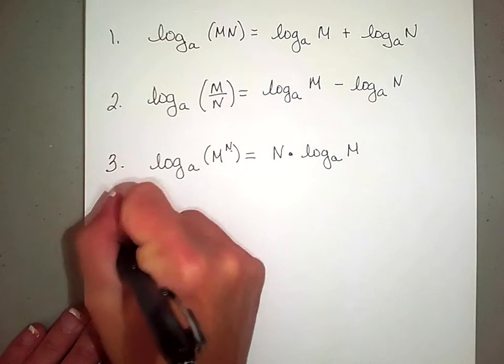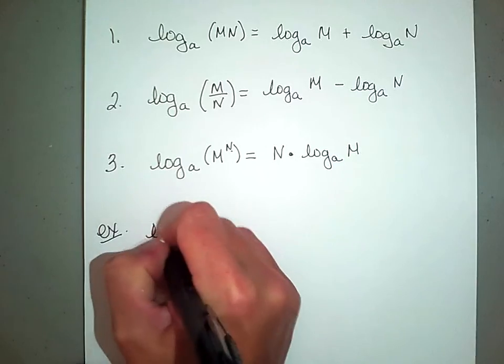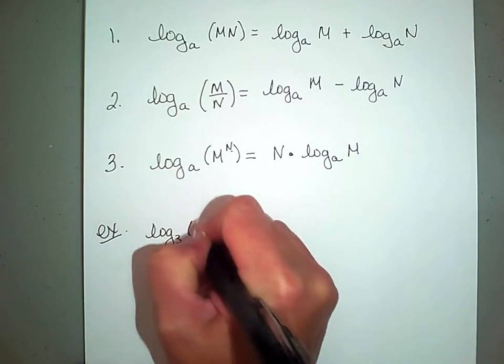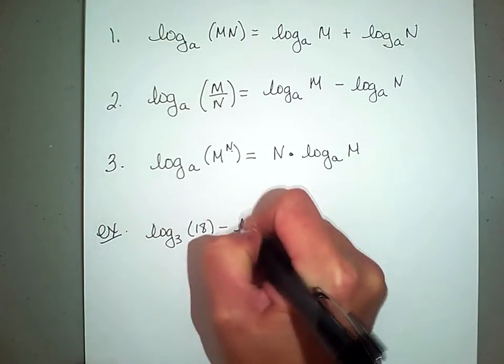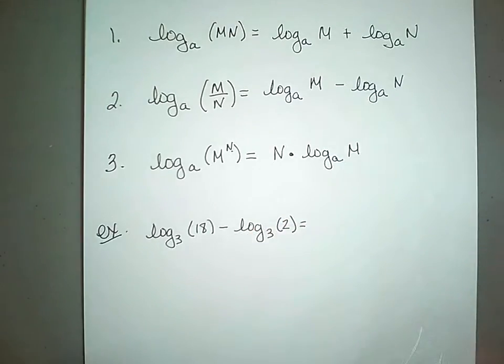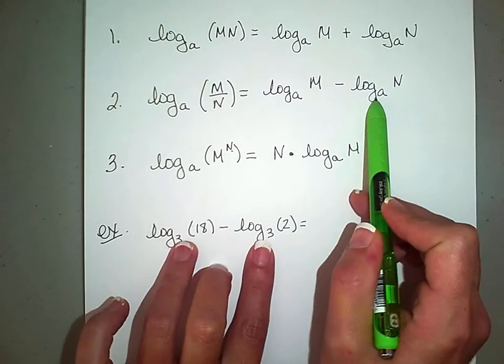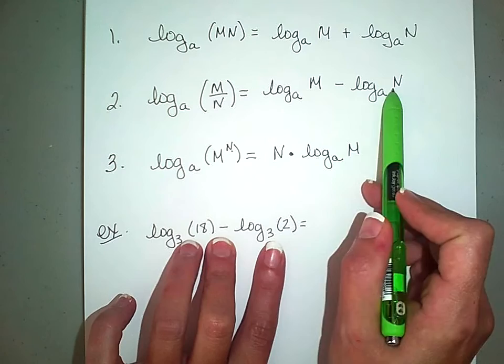So let's do some examples in how this can be helpful to us. Let's say we have the log base 3 of 18, and we're subtracting the log base 3 of 2. In this case, here we have logs of the same base of two things being subtracted.